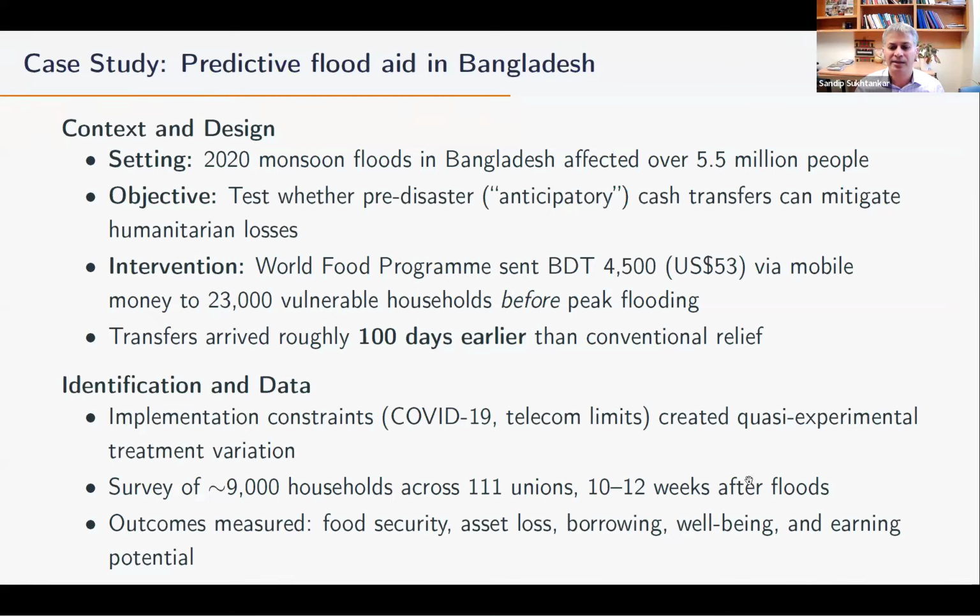And after the floods, about 3 months after, they collected a survey of households and measured food security, asset loss, et cetera, and overall well-being. And then you have this comparison group who got regular funding and the anticipatory transfer group.